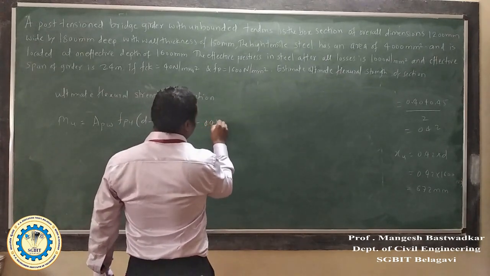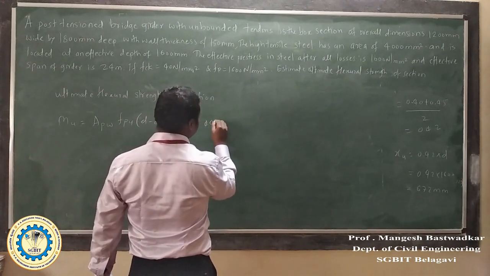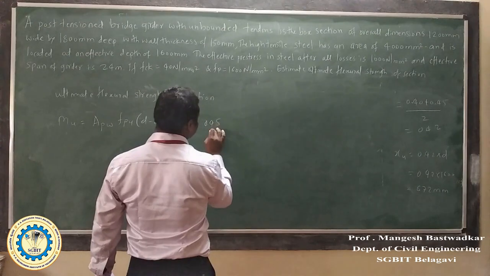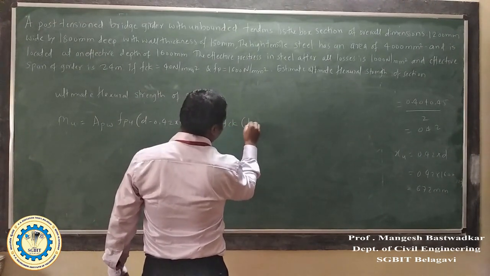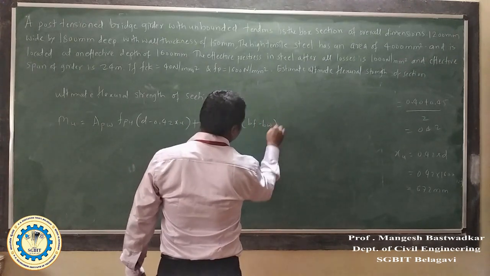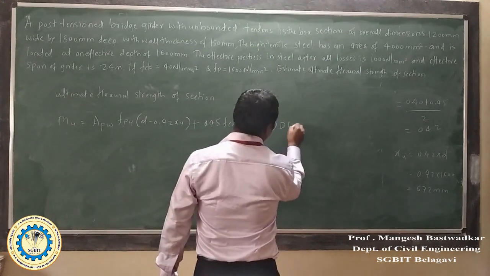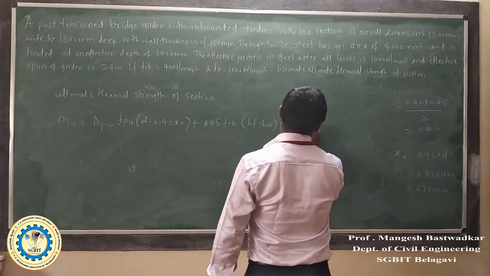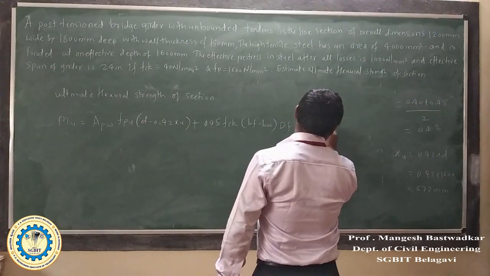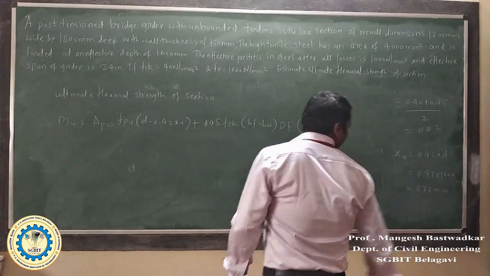Now we will get the extreme top fiber stress as 0.45 FCK into area, BF minus BW into DF, into D minus DF by 2.